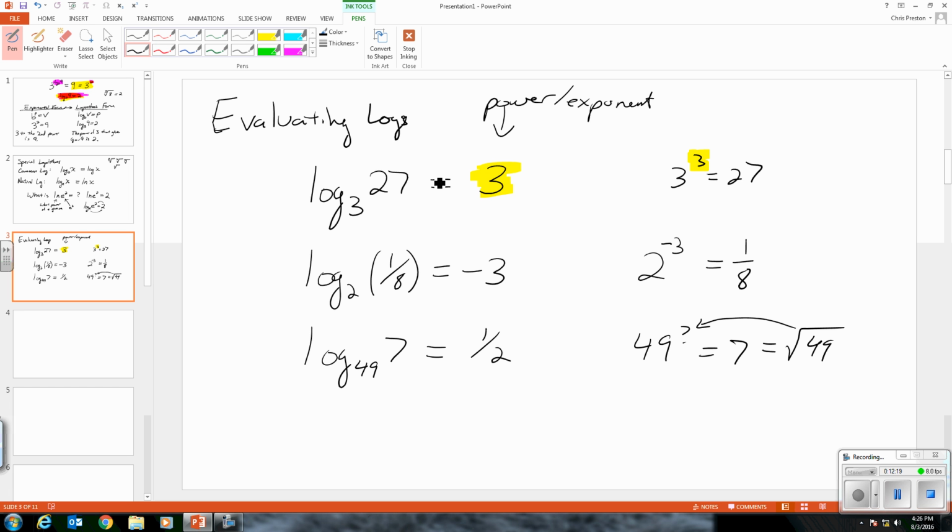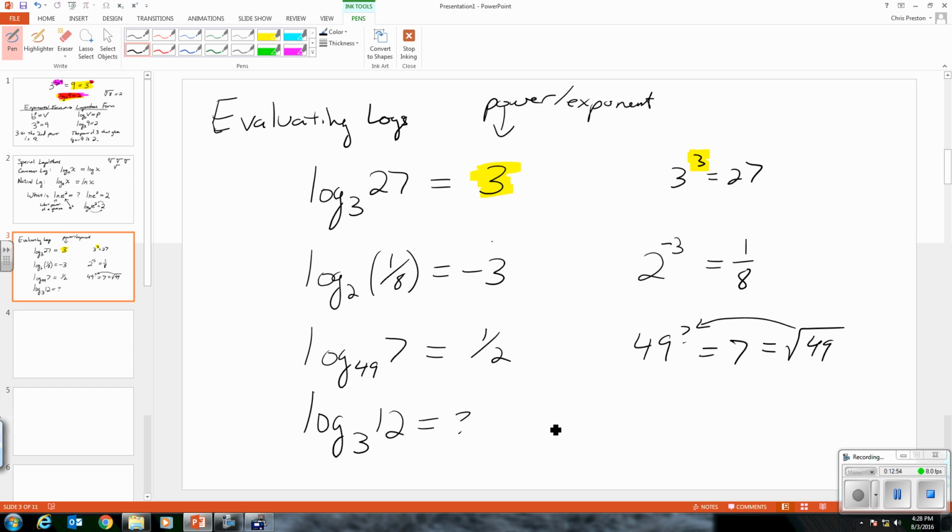So again, logarithms are exponents. So you need to know your rules of exponents. The way to figure out these things is using your rules of exponents. Now, all right, let's say I wanted to do log base 3 of 12.